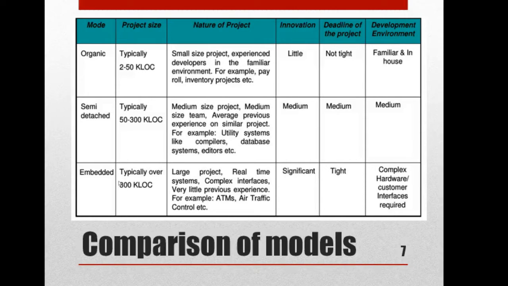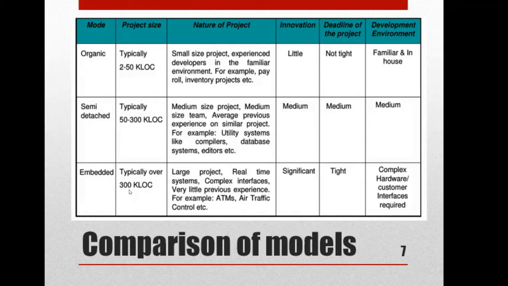And in embedded, the typical lines of code will be above 300 kilo lines of code. So typically over 300 kilo lines of code. It will be a large project, and you have to deploy it in real-time systems, like say an ATM machine. You have the ATM machine, and your software should work in that ATM machine, right?